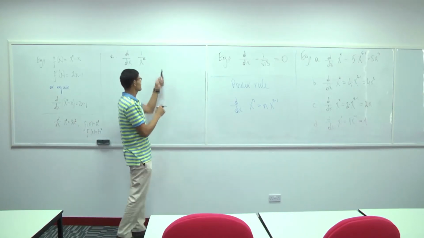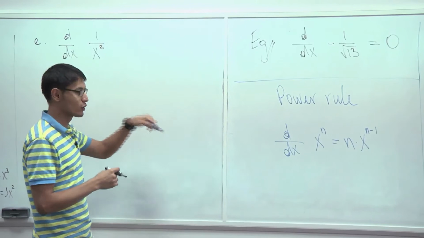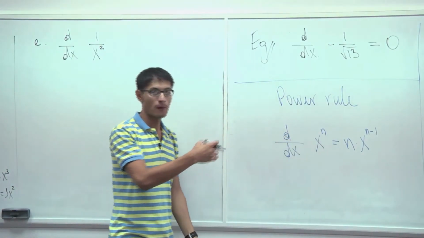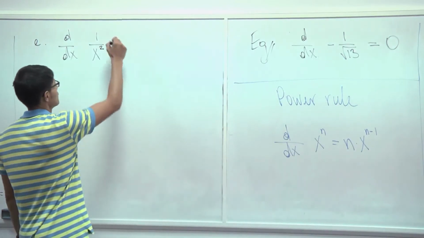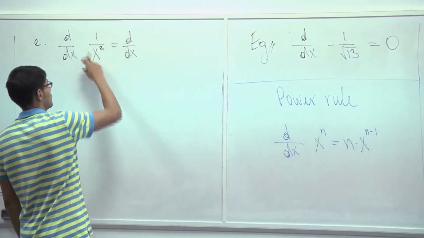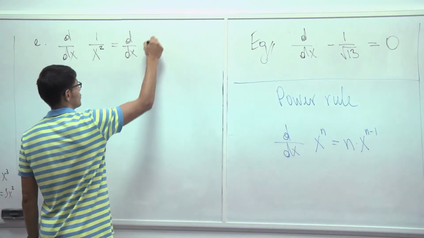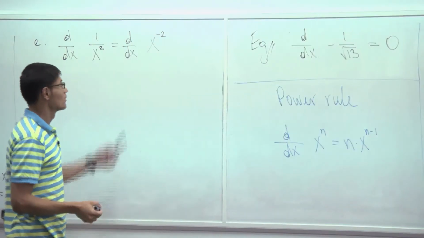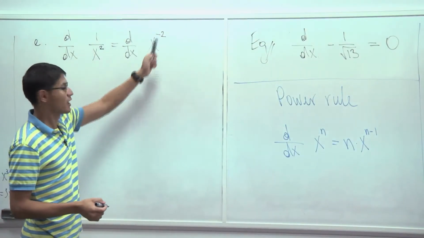First, we need to rewrite 1 over x squared so it looks like x to the n, and then you will use the power rule. So how can I rewrite 1 over x squared? It's going to be x to the power of minus 2, right? 1 over x squared is x to the minus 2.